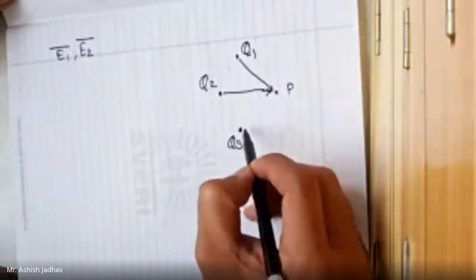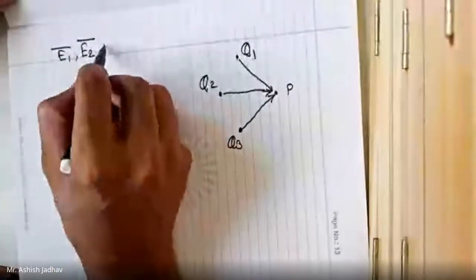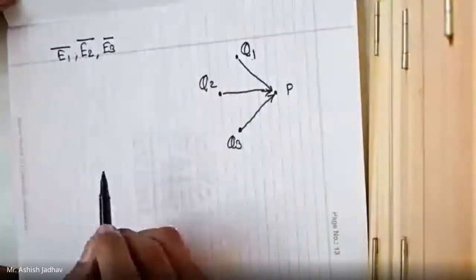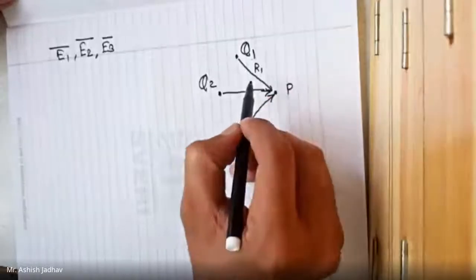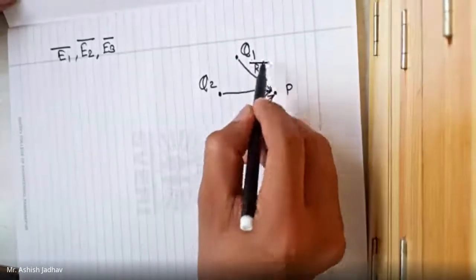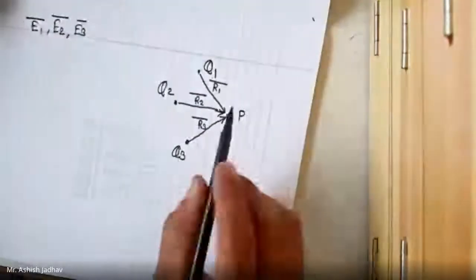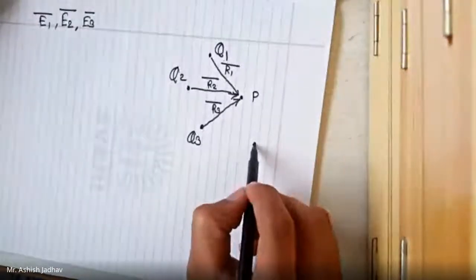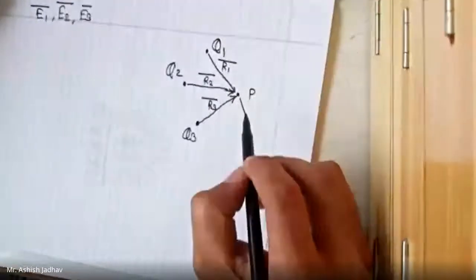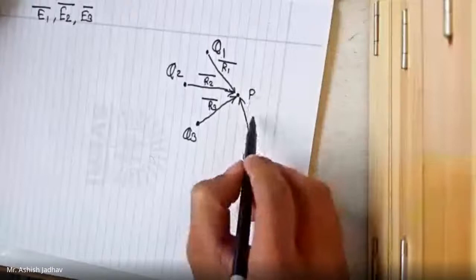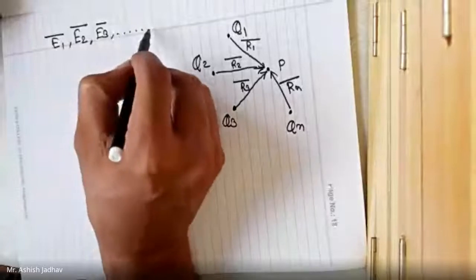Because of this Q3, we will have electric field intensity E3 produced at point P. Let's say this vector is R1, this vector is R2, this vector is R3, and so on. So you may have n number of charges. Let me write here Qn, which will have electric field intensity En at point P, making an Rn vector.